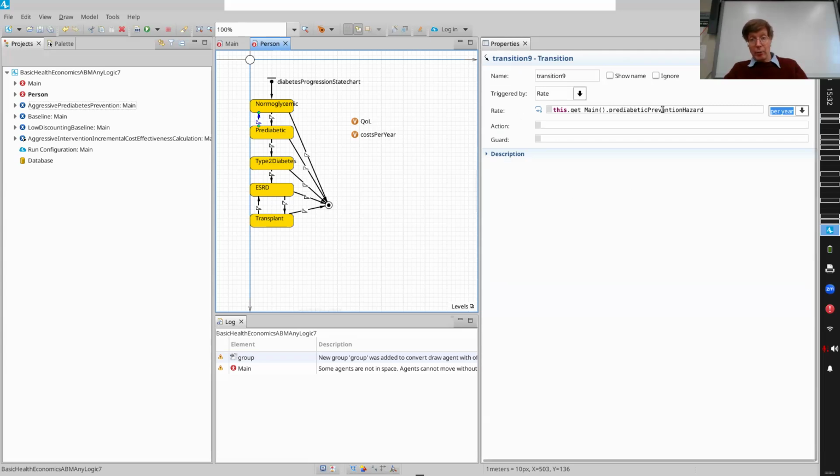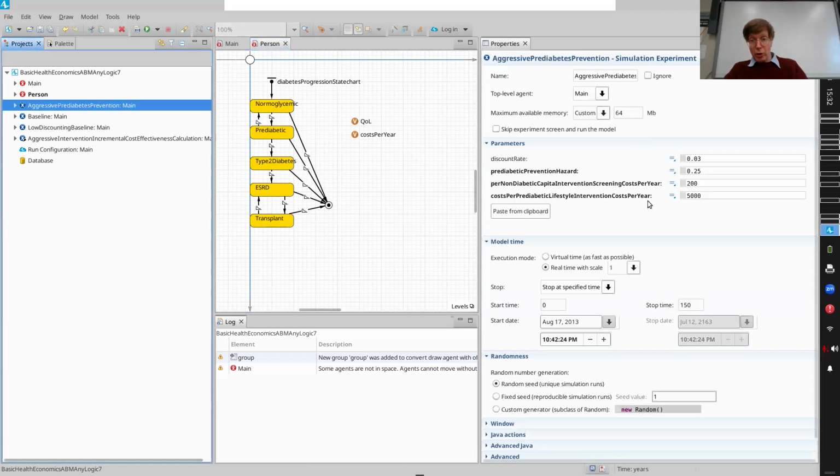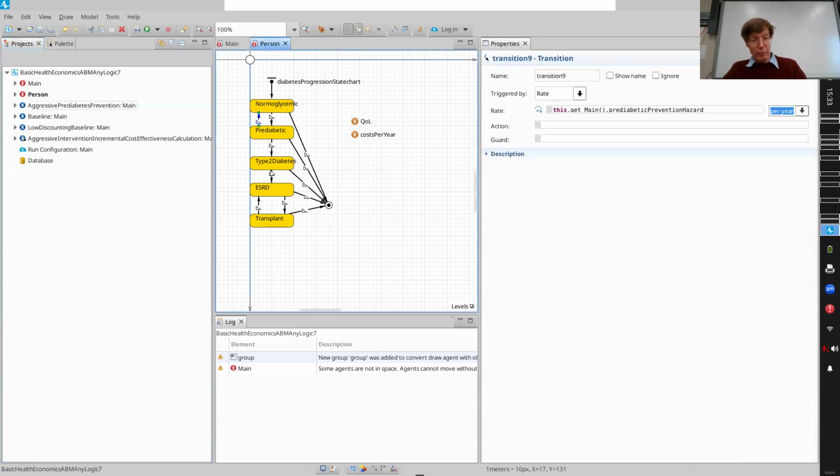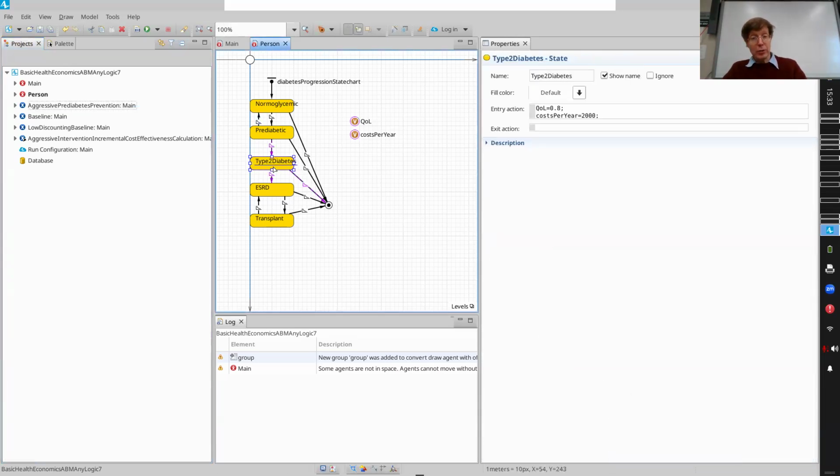So it will affect the chance that they go back to a normal glycemic state from prediabetes, but it will also impose some cost per year for screening on a per person basis. So per non-diabetic that is screened, or some cost imposed in achieving that. So maybe for motivational interviews and chronic disease management guidance, etc. $5,000 to make sure they're well equipped with supplies, well, that would be for managing frank type 2 diabetes.